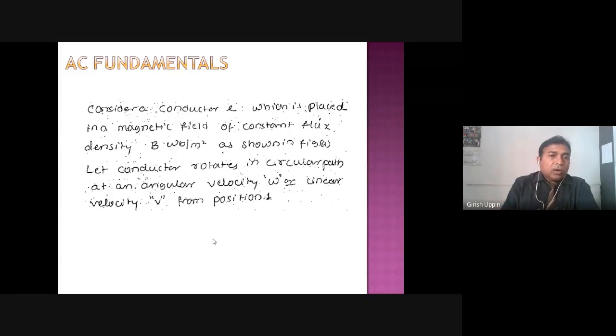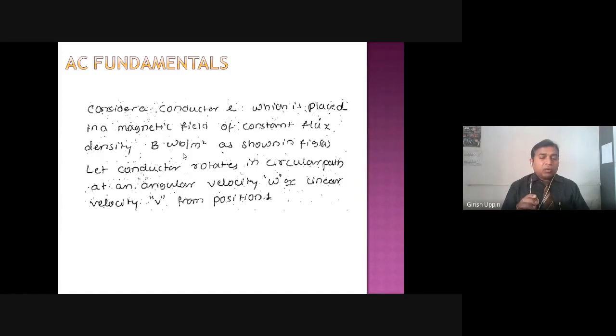Now we will consider a conductor which has a length of L and is placed in a magnetic field with a constant flux density of B Weber per meter square. This is the unit for the flux density. So we have a conductor of length L meter placed in a constant magnetic field of B Weber per meter square.